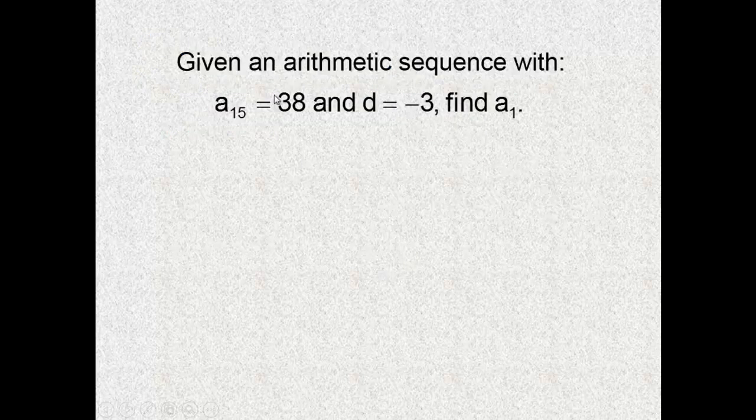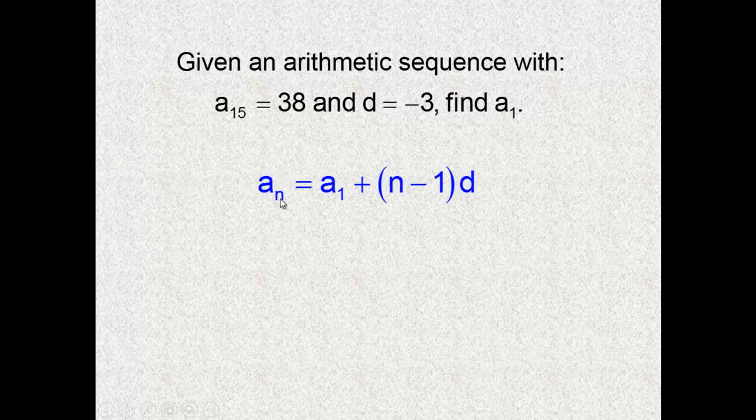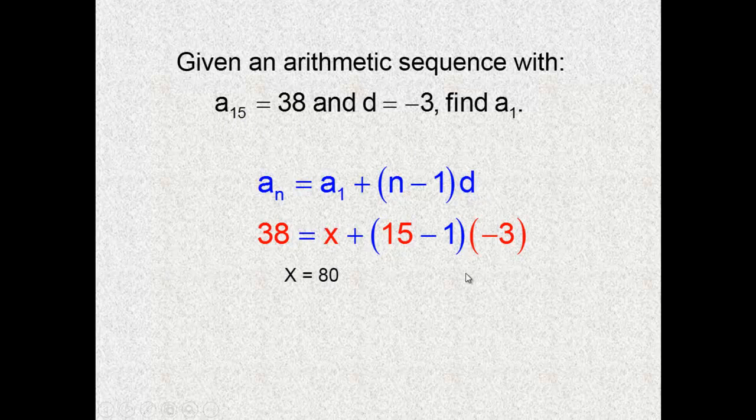Given an arithmetic sequence with a_15 is 38 and d is -3, find a_1. Substitute into this formula, guys. a_15 is 38, a_1 we don't know, x. n is 15, we know from this one. d is -3, so we get x is 80.